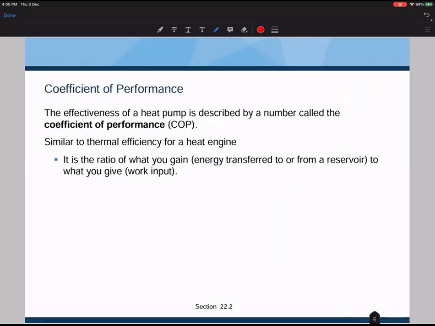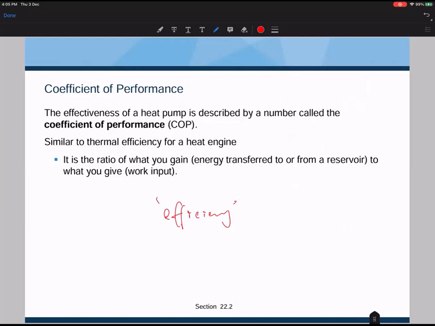And for the refrigerator or the heat pump, the definition of the performance or efficiency, I would not say it is exactly the same format of efficiency, because if we use the same equation of efficiency, then you would get more than 100%, sometimes in the case of the refrigerator or the heat pump.